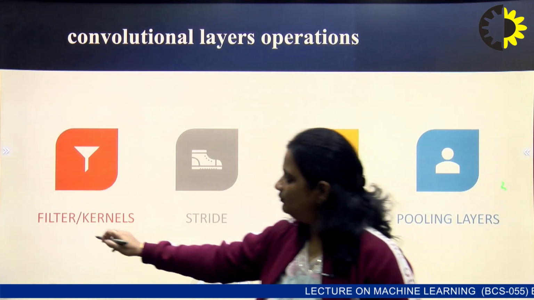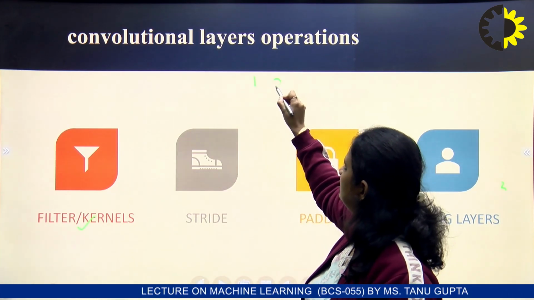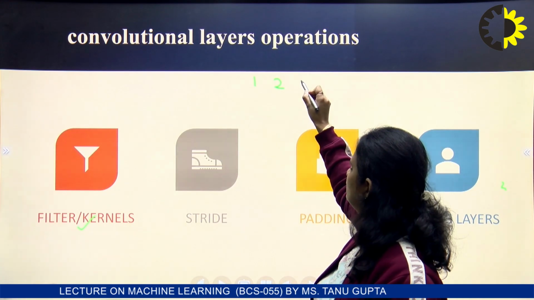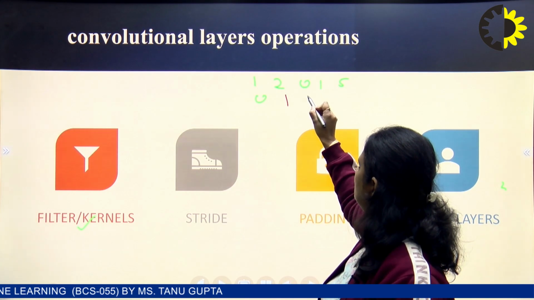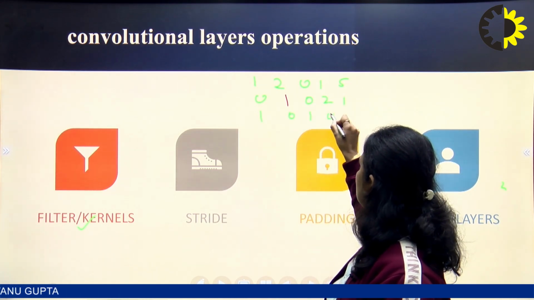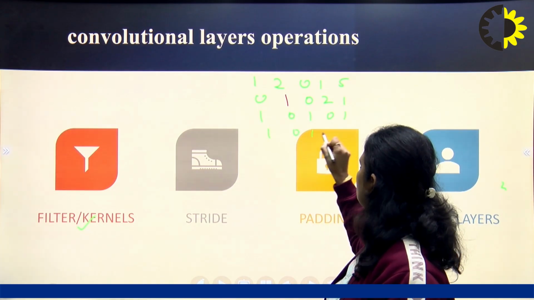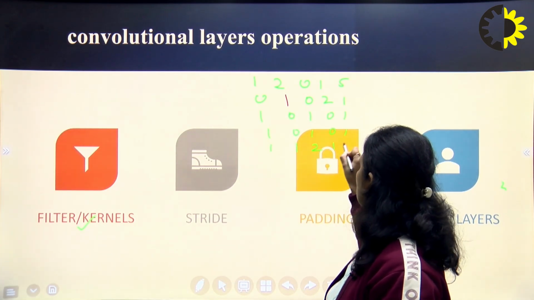First, we understand what a filter or kernel method is. For example, suppose we have an input image like 1 2 0 1 5 0 1 0 2 1 1 0 1 0 1 1 0 1 0 1 1 1 2 1 0.